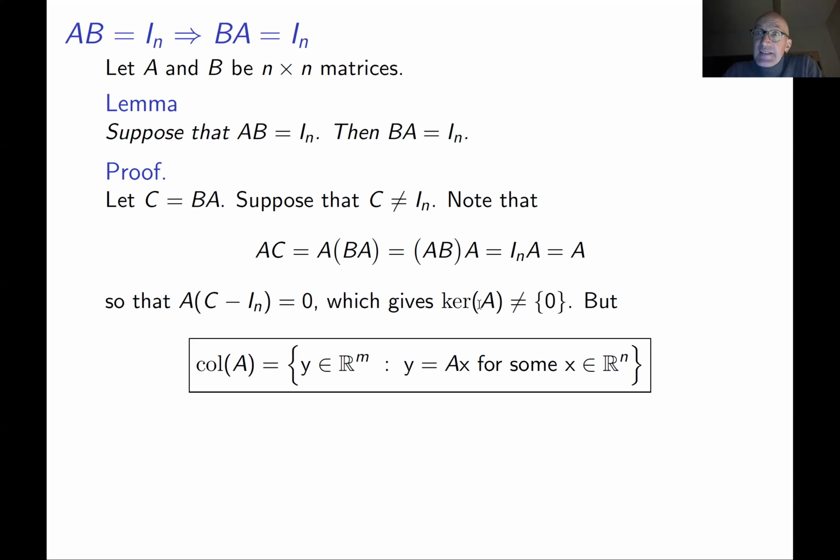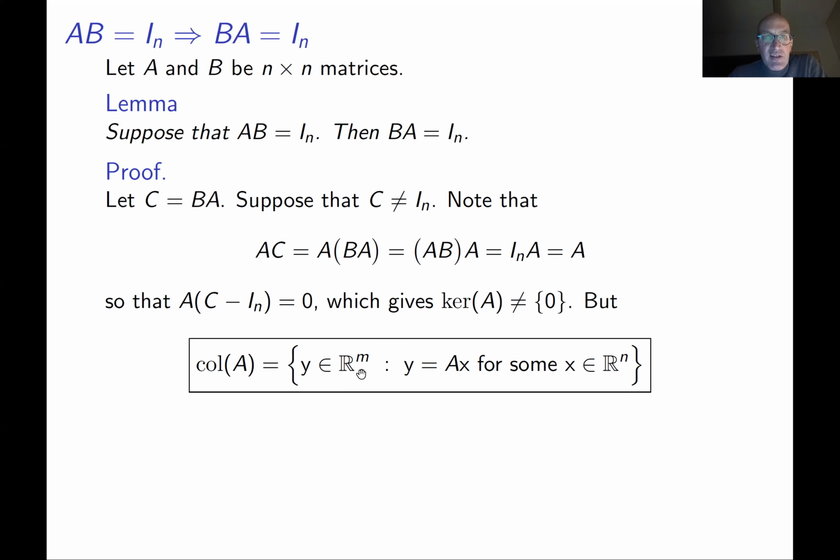The column space is the span of the columns of matrix A, but it's the same thing as all possible vectors A times x, where x runs through all possible vectors in R^n. This product Ax is a linear combination of the columns of the matrix A with coefficients x1, x2 up to xn, where xi is an entry of the vector x.